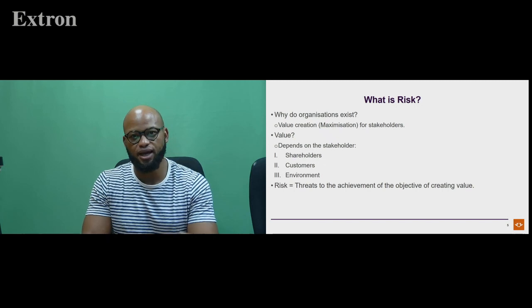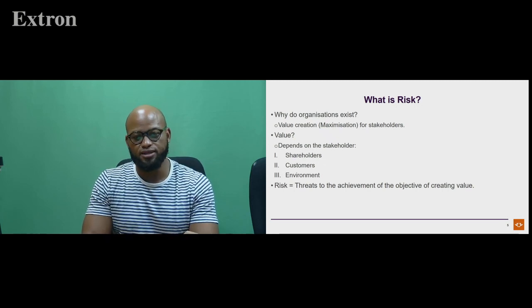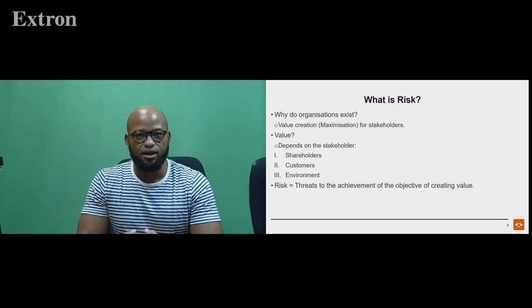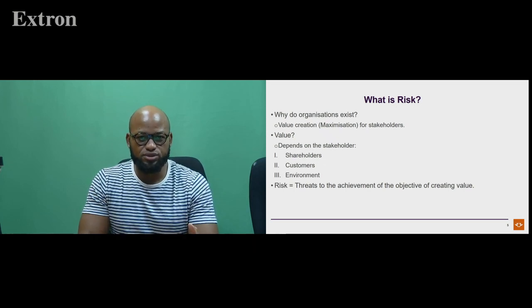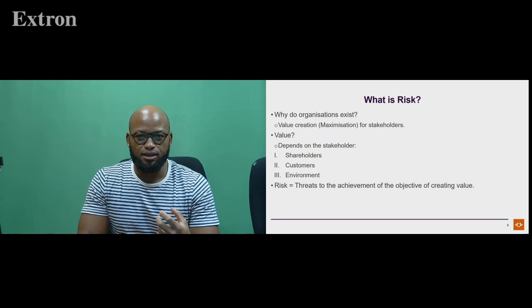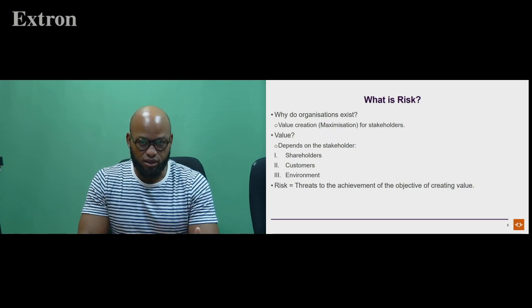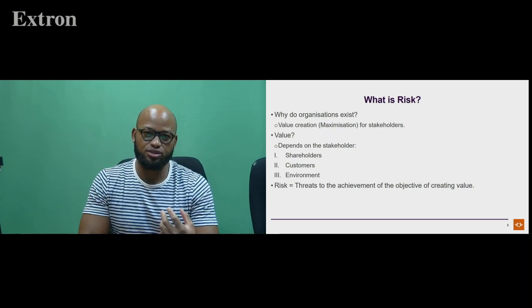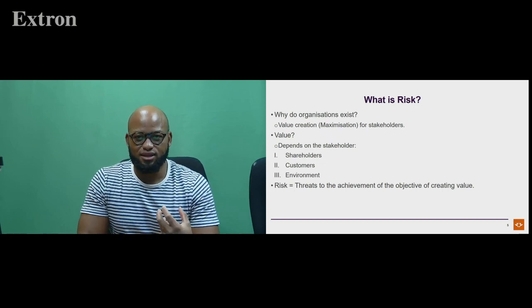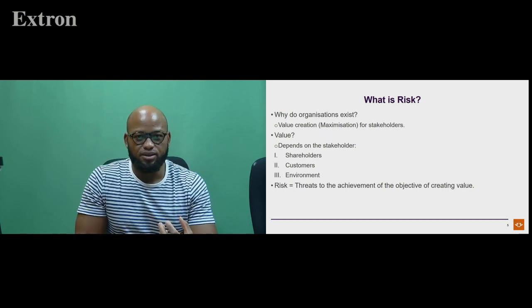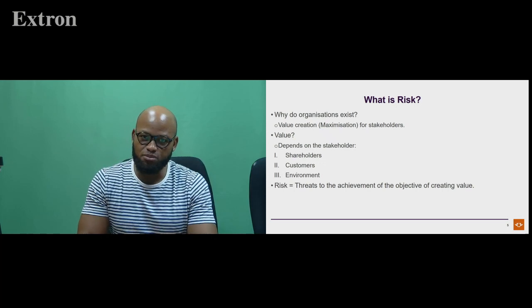So let's say company A is located in a country that is prone to violent protests, a country that has a large crime rate, a lot of political instability, and doesn't have a consistent electricity supply.